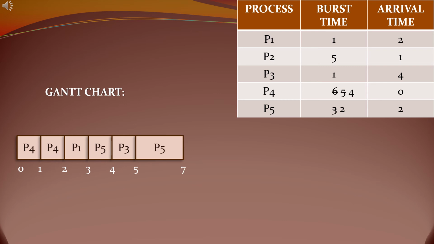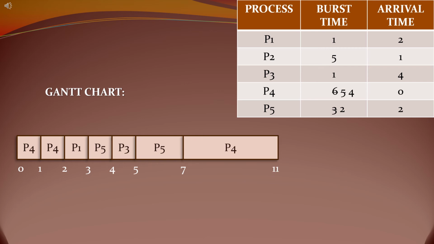Now all the remaining processes, that is P4, P2 and P5, are already in the ready queue. So now we can apply the normal SJF method, that is the shortest job first method. Among these processes, P5 has the shortest burst time. So P5 will be executed for its remaining 2 units and will complete all of its burst time.